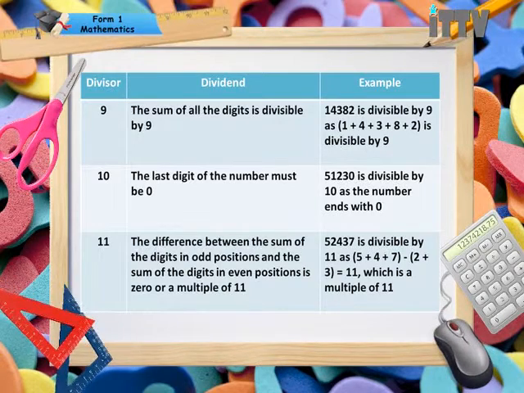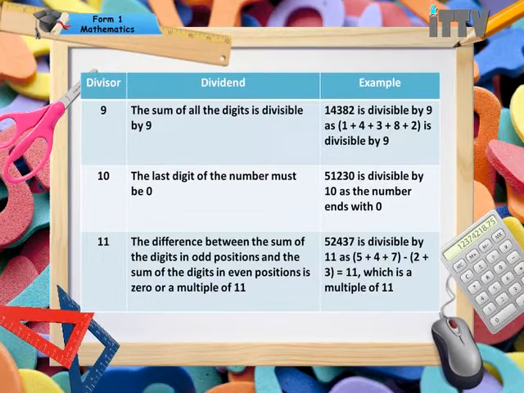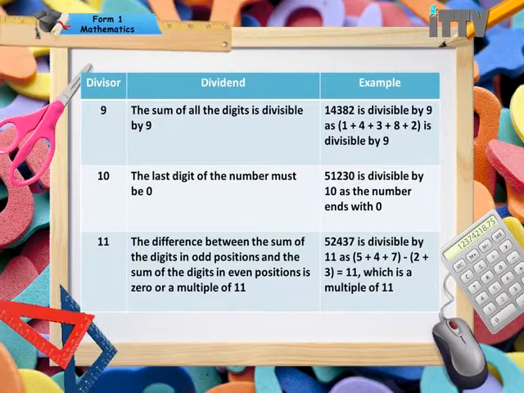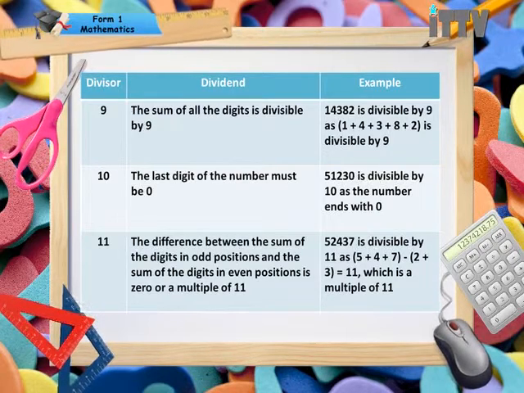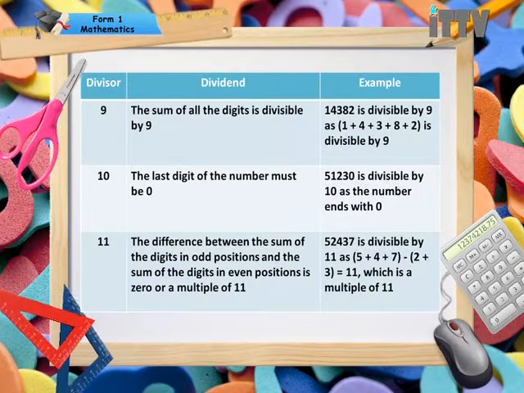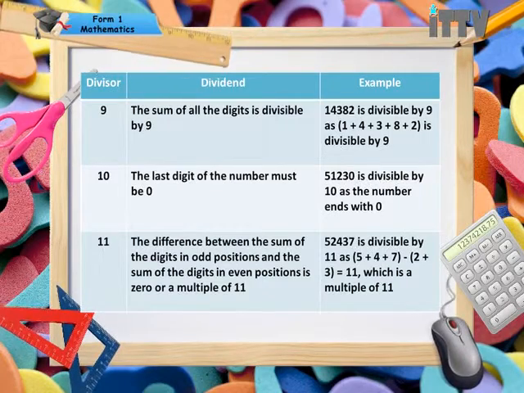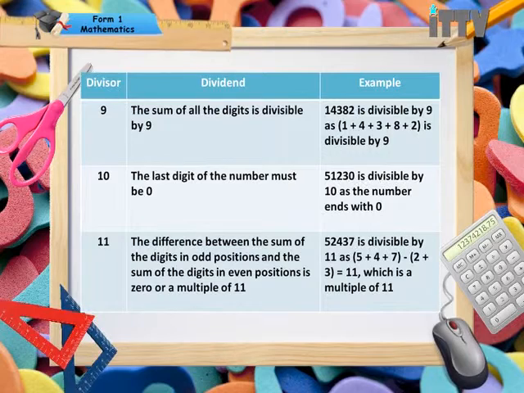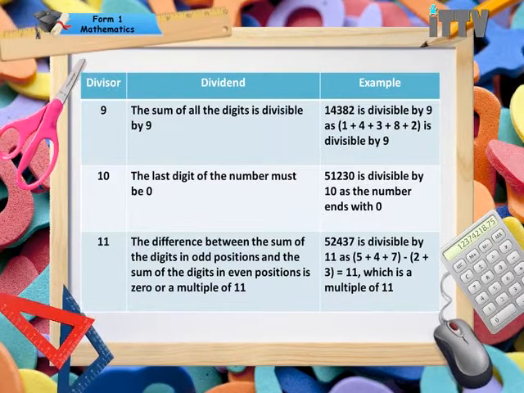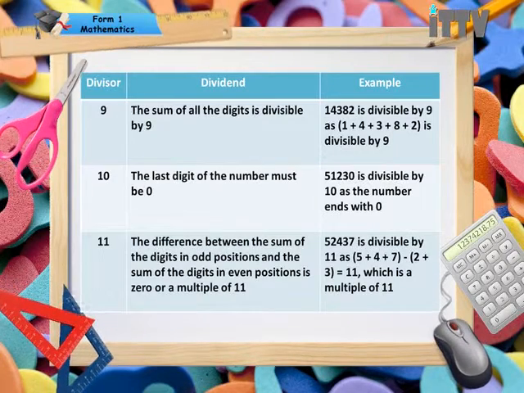Now pay attention to this. 52437 is divisible by 11 as 5 plus 4 plus 7 minus the total of 2 plus 3 will equal 11, which is a multiple of 11. Therefore, 52437 is divisible by 11.